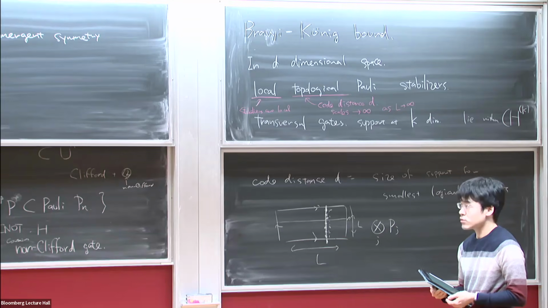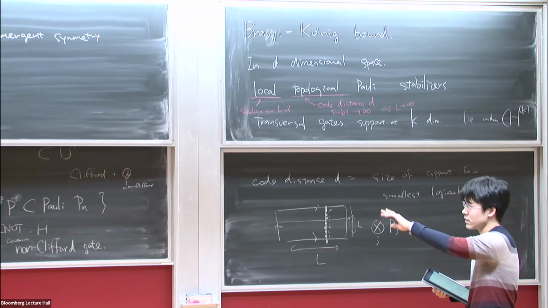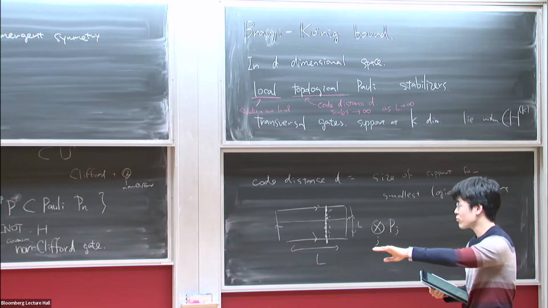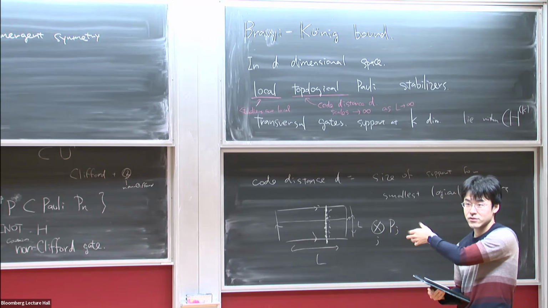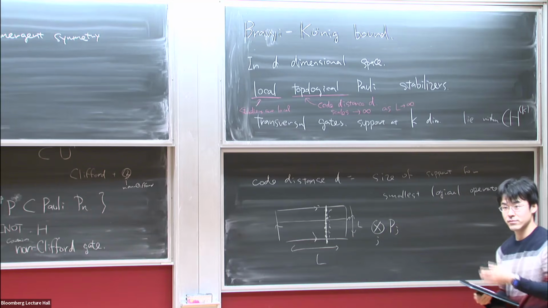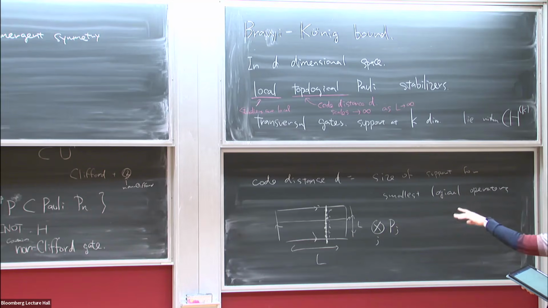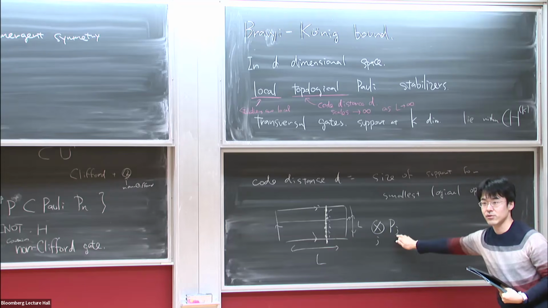Well, I'm not familiar with this kind of statement relating the Clifford hierarchy of the logical operations to the implementation in terms of some local operators. But the relation is just about the Clifford hierarchy and dimensionality. I don't know if there's some particular relation we can say between the Clifford hierarchy of the logical operations and the hierarchy of the local operators.